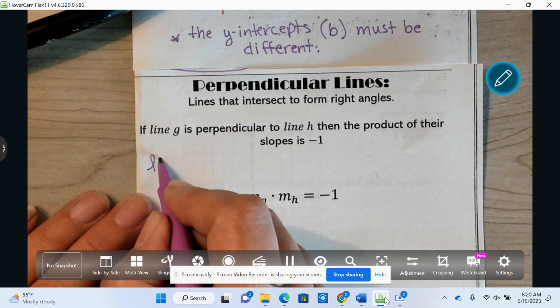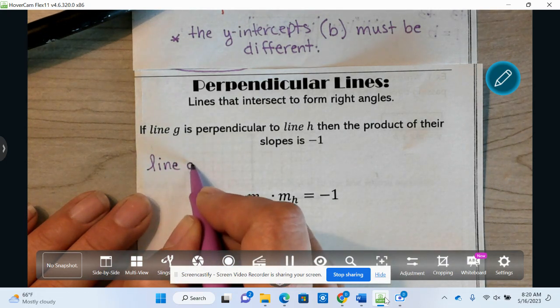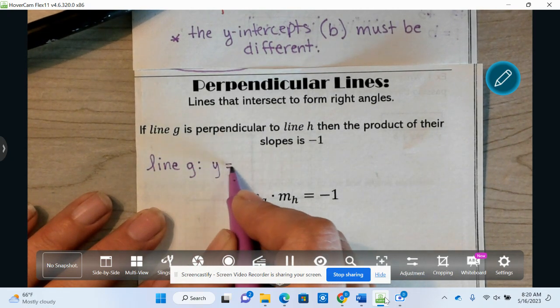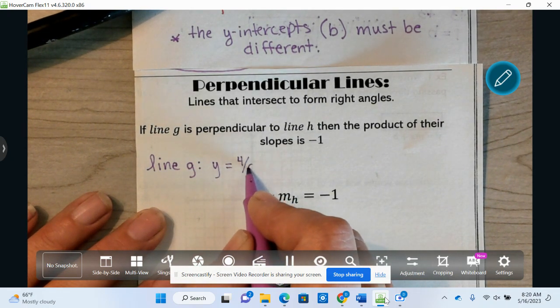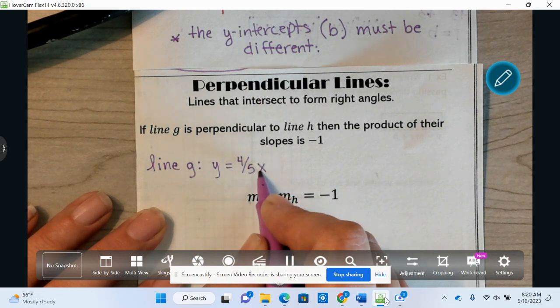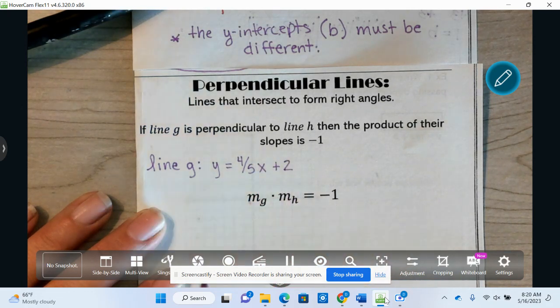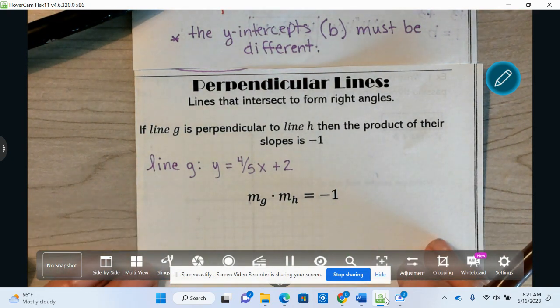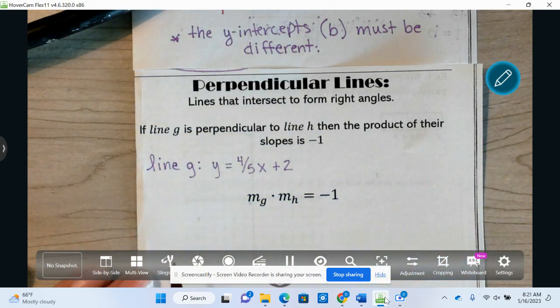So let me give you an example. Let's do line G has the equation y equals 4/5 x plus 2.